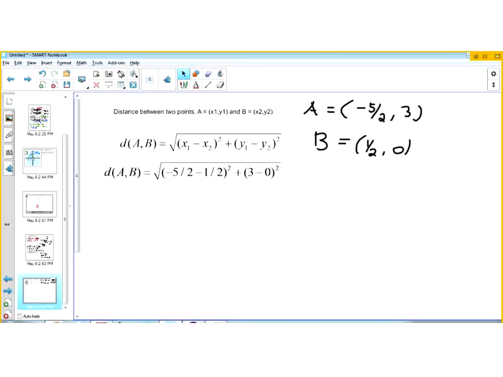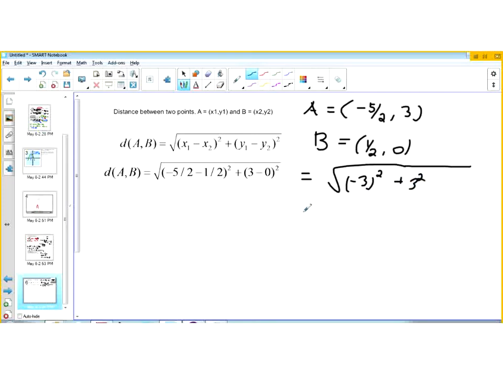All right, so then we simplify this expression, and so that would equal the square root of, well, negative 5/2 minus 1/2 is what? Negative 3, so we'll have negative 3 quantity squared plus 3 squared, right? Which is equal to the square root of 18, which is equal to 3 times the square root of 2. So that would be the distance between those 2 points.